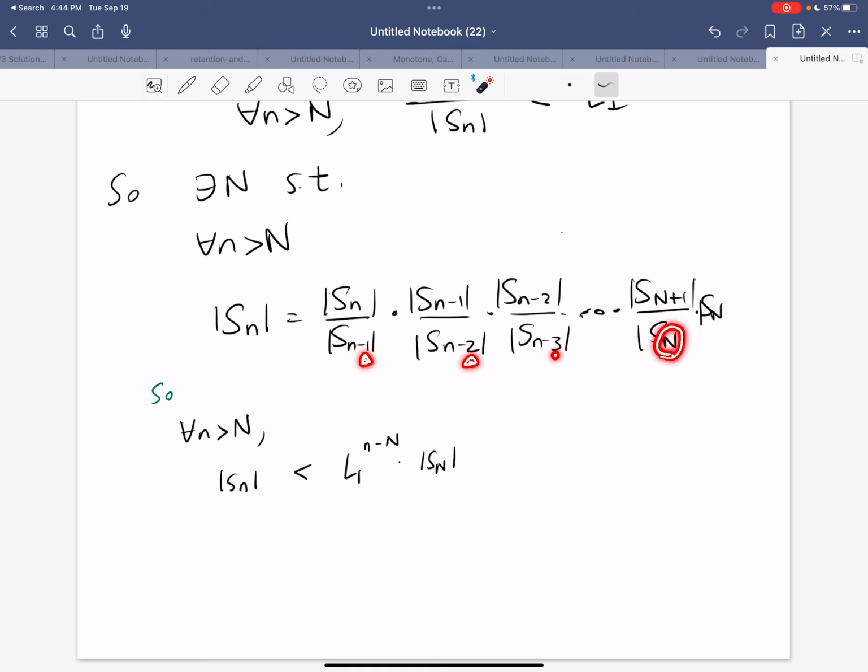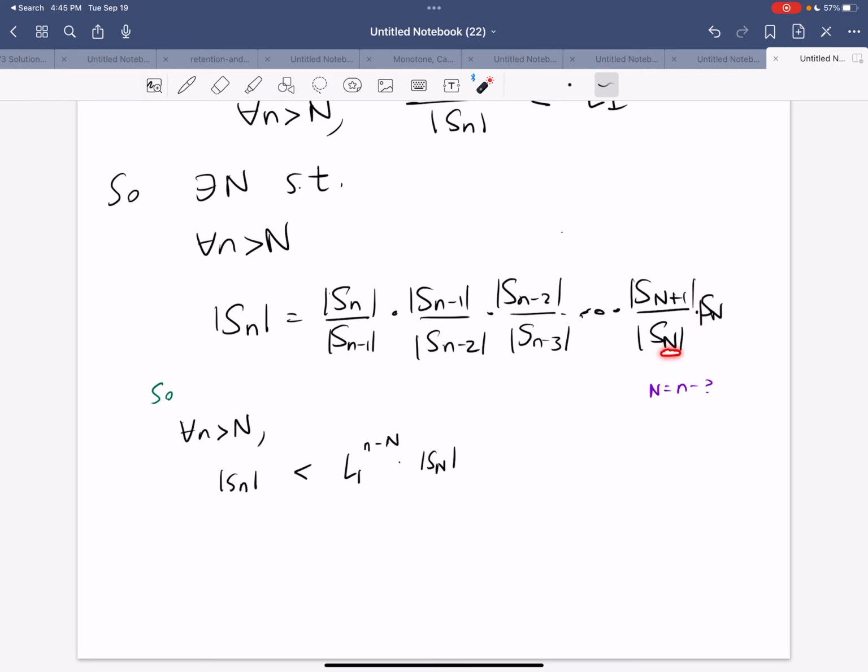So my last n, I need to just rewrite it as n minus something. And whatever the question mark is will tell me it's counting the number of factors of L1 that we have, right? So this is one. This is the second one, right? There's number 2. This is the third ratio. There's number 3. And I need to figure out how many ratios I have.